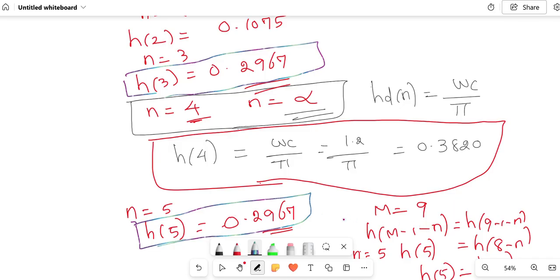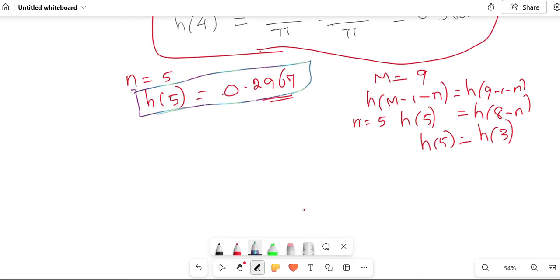Similarly, n is equal to 6. h of 6 will be h of 8 minus 6, 2. So h of 6 equals h of 2.